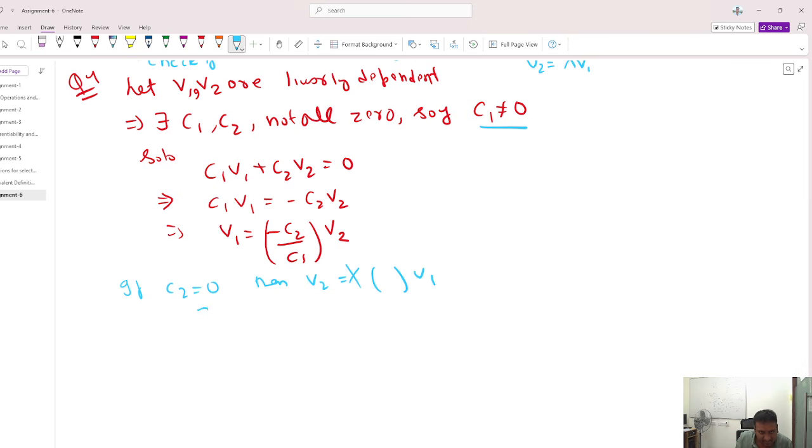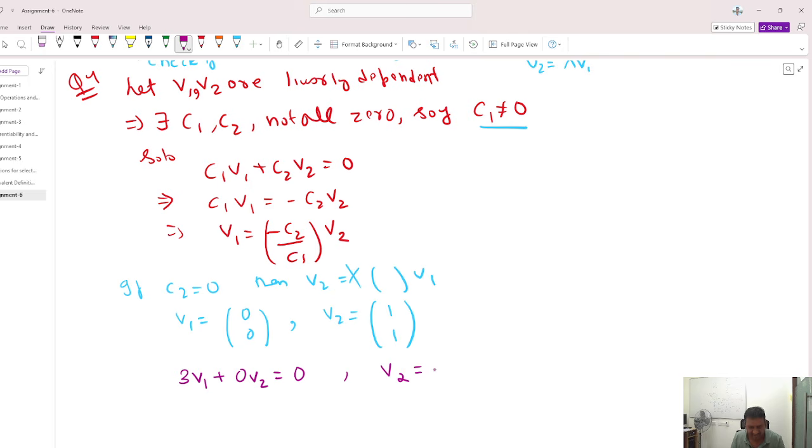So for example, if you take V1 equal to 0, 0, and V2 you take 1, 1. So see, 3 into V1 plus 0 into V2 is what? 0, right?